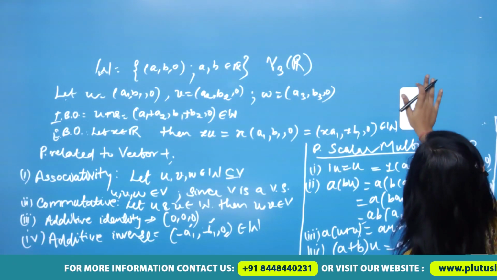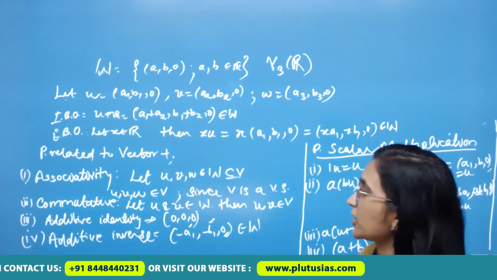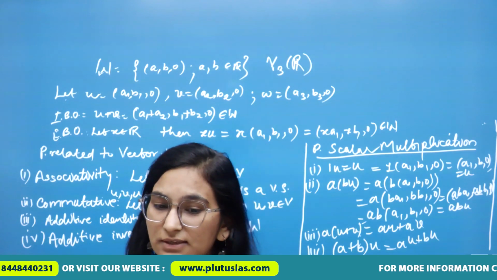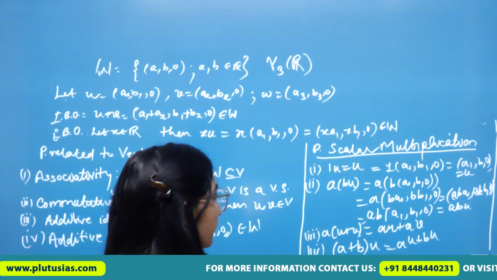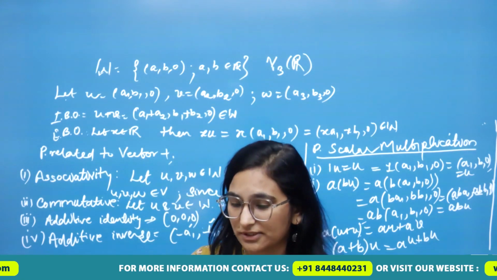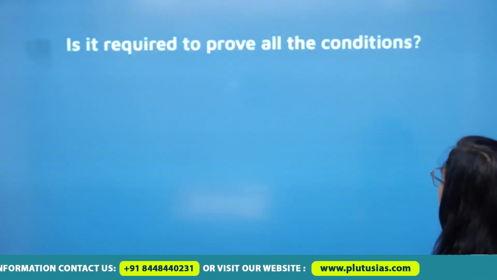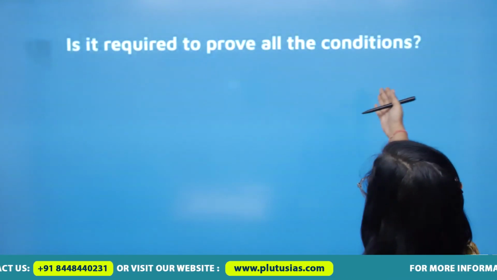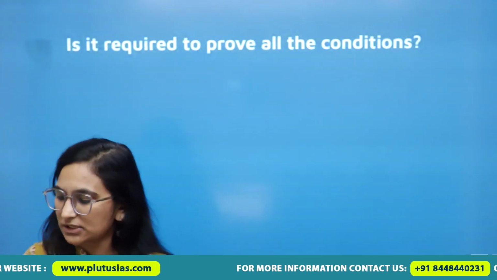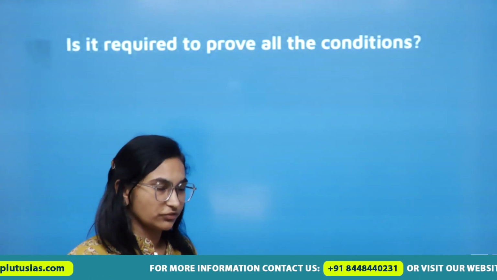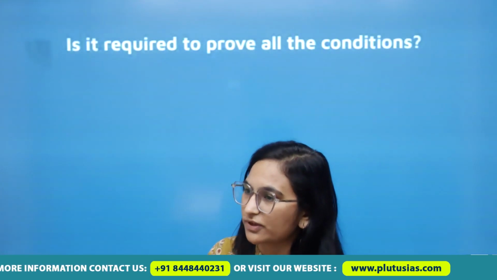But don't you wonder that in each case we need to check all these properties, and then what is the benefit of having subspace and all these properties? We have results, but before results, if we need to prove directly, is it required to prove all the conditions? No, it is not required, because some conditions are derived from the fact that the elements belong to vector space V only.